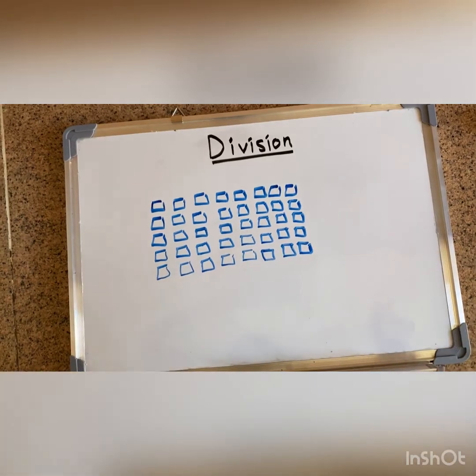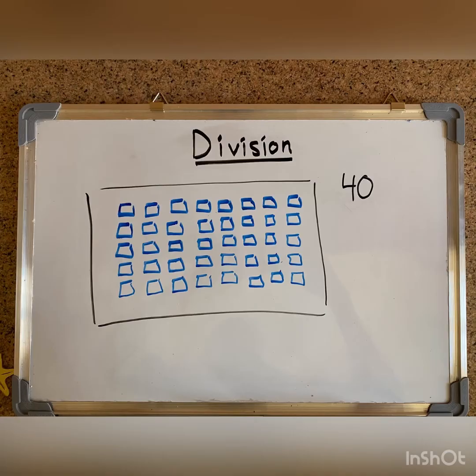We have 40 blocks and we want to divide them into small groups. Each group has 5 blocks, so we know the total number is 40 and the number of items in each group. We want to find out how many groups we need to do that.